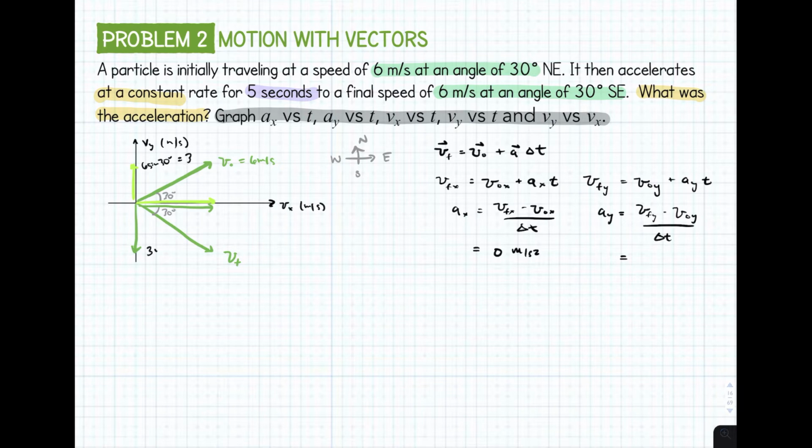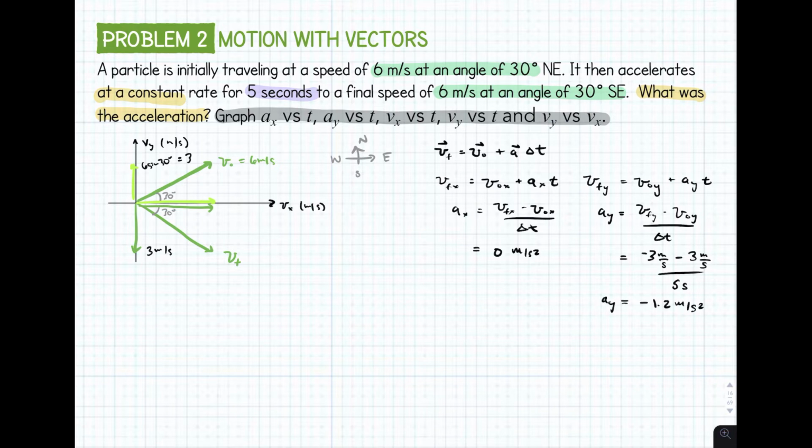So this one is also 3 meters per second. The final one is negative 3 meters per second, and that's going to be minus 3 meters per second over 5 seconds. So this is going to give us negative 1.2 meters per second squared.